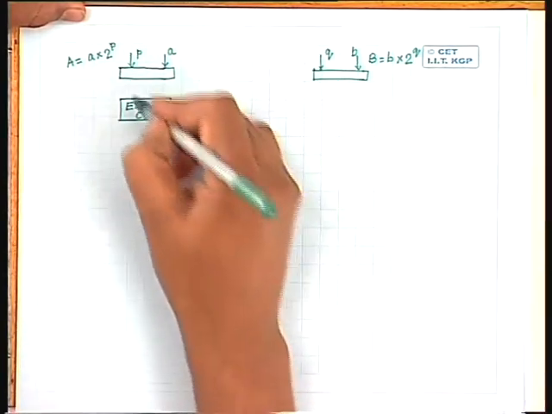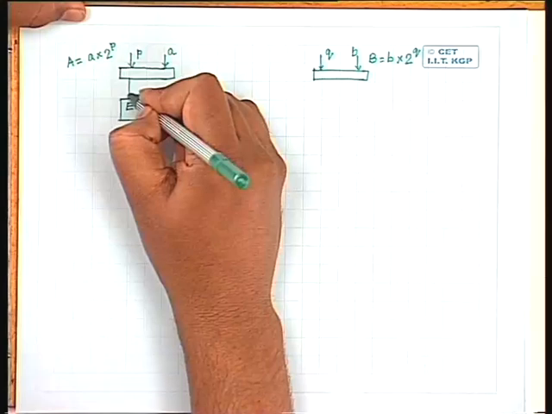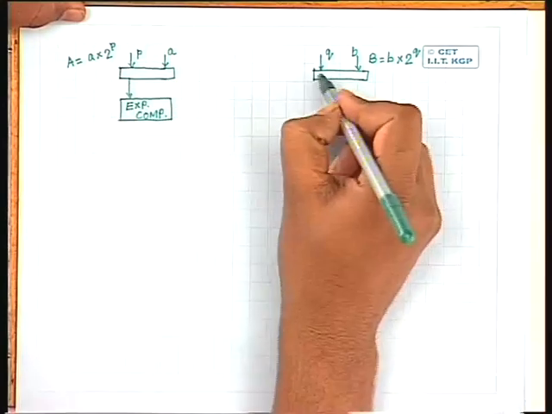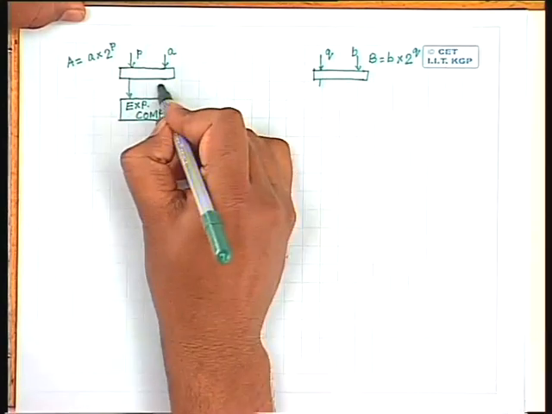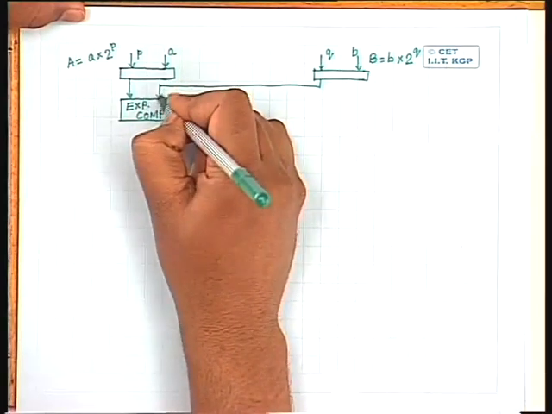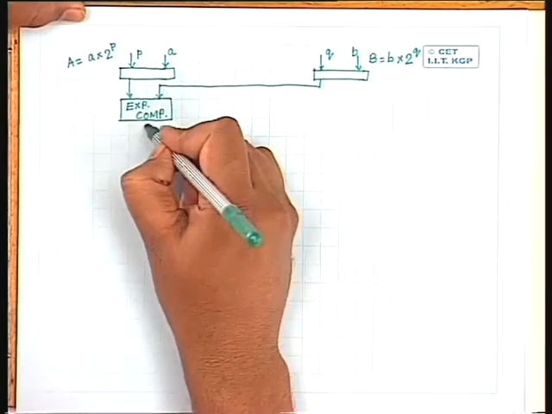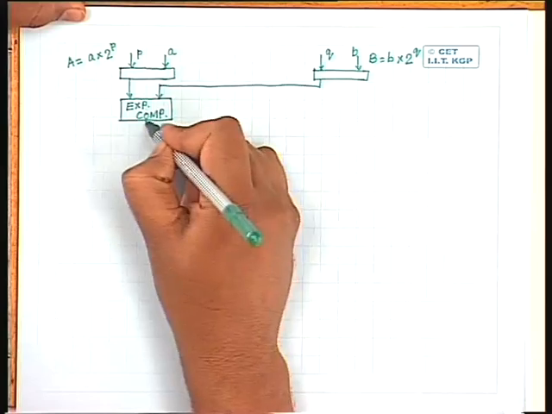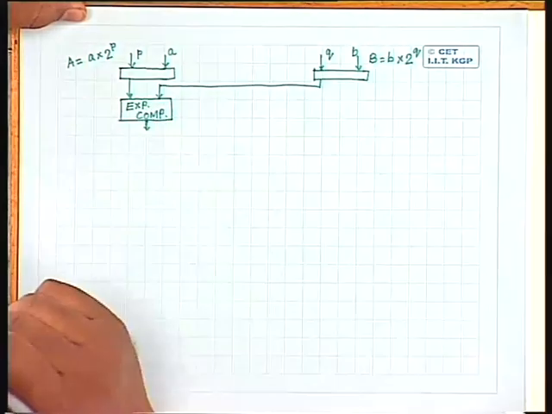The exponent comparator will take exponent P and exponent Q, and it gives some output.